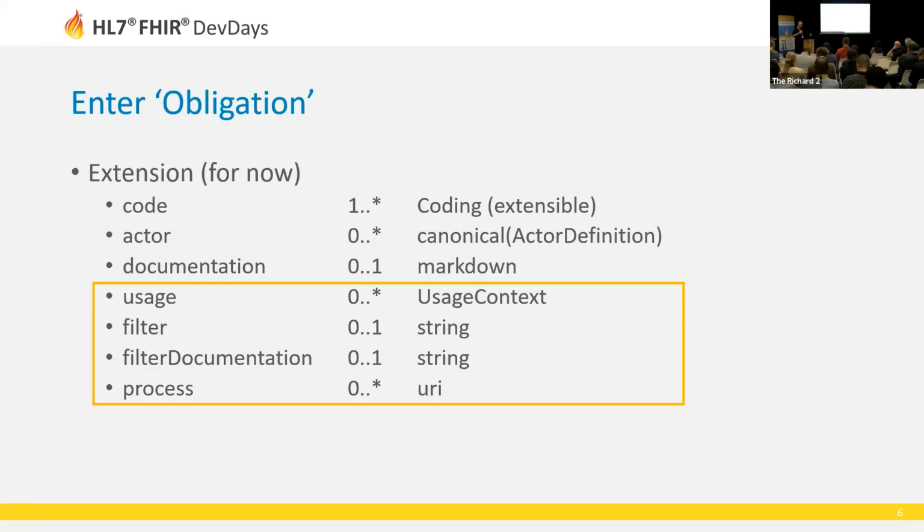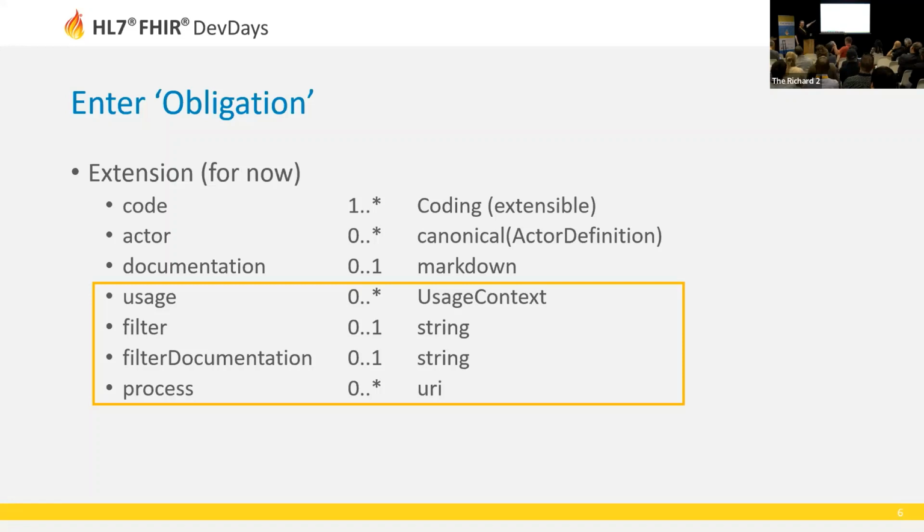Filter and filter documentation allow you to basically create a FHIRPath that says this obligation only applies, for example, if the observation code is in this value set. So you have to have a value and you have to store the value, but you only have to store it in these certain circumstances. Process is if you are adhering to such and such a business process, so pointing to some sort of external definition.